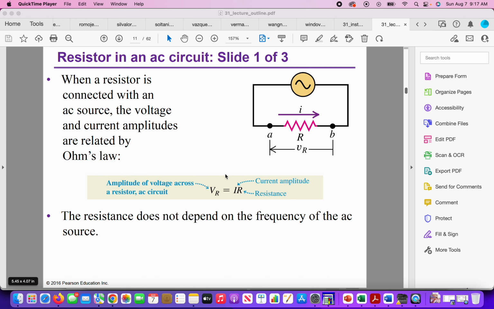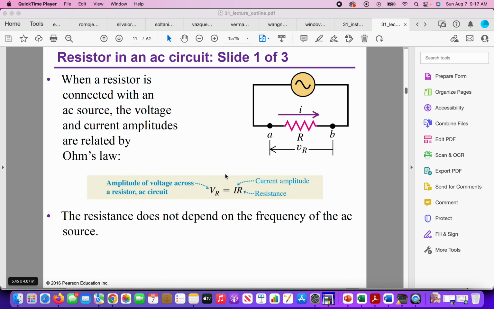Now we are going to study component by component how, when the AC current, which is the alternating current, passes through, we are going to find out information about the voltage across and the current as well, the functions, and by the end we will be able to relate them together in phasors. Now, the first component is when a resistor is connected with an AC source.